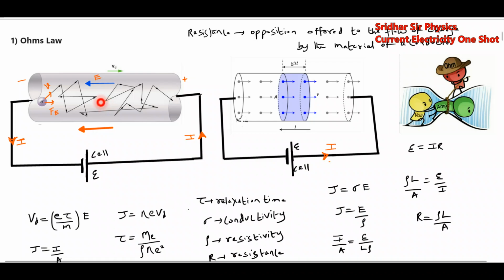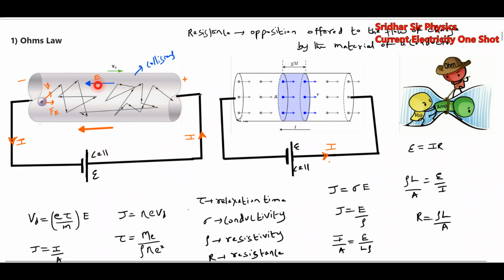Why do they follow a zigzag path? Due to collisions, the electron encounters collisions inside the conductor, so the zigzag path occurs. Then it is going to drift. Once again, I'll revise it. The cell generates a potential difference. Because of the potential difference, E bar is set up.